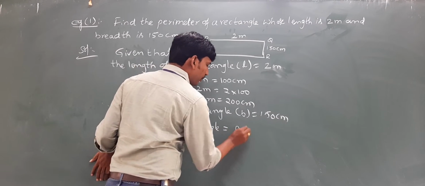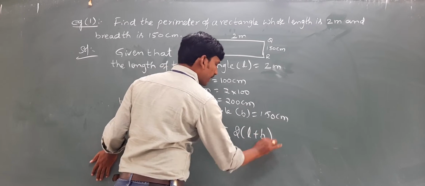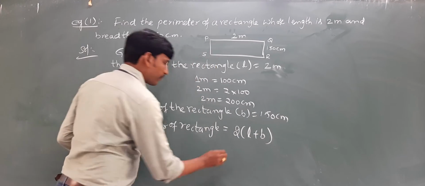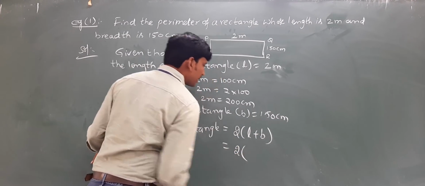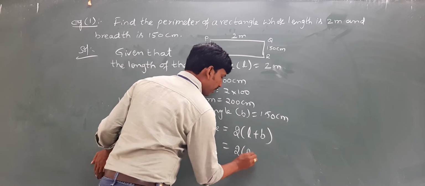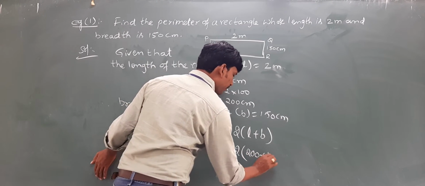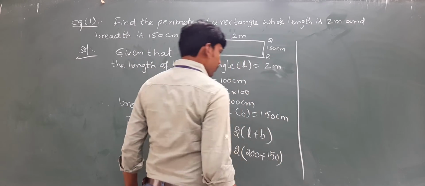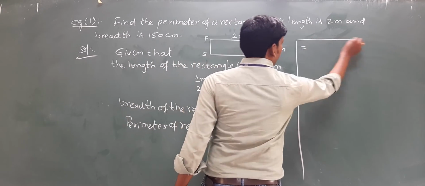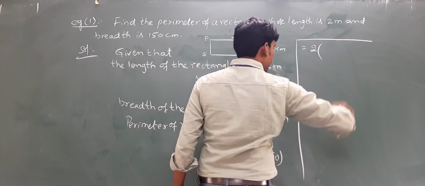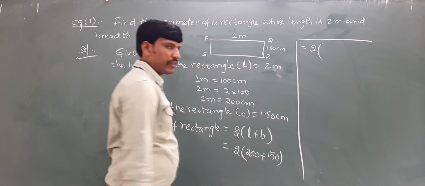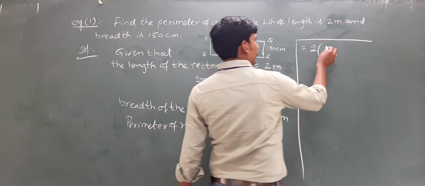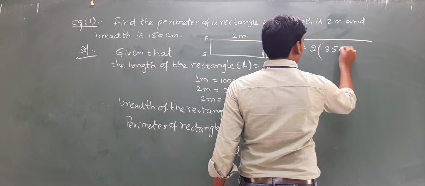Yes, 2 into (L plus B), that is length plus breadth, which is equal to 2 times, what is the length here? 200 plus breadth 150. So 2 into (200 plus 150). How much? 350.